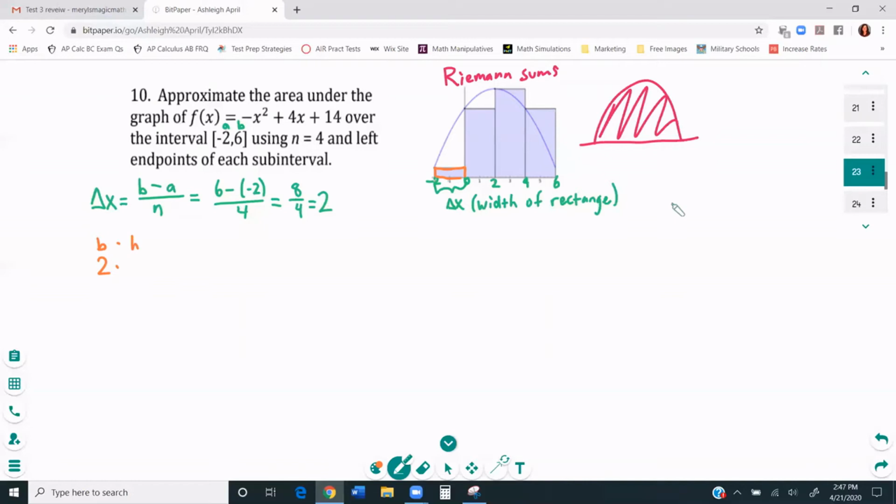Notice it says here left endpoints. The left endpoint between -2 and 0 will be -2. So that height is based off of plugging -2 into f of x, into that parabola.